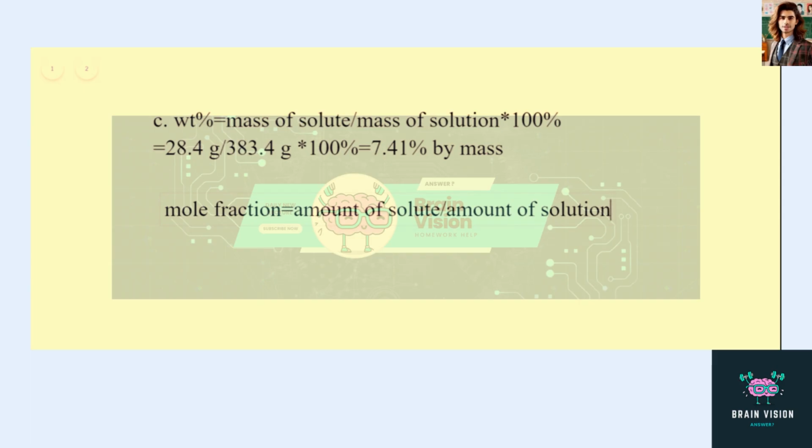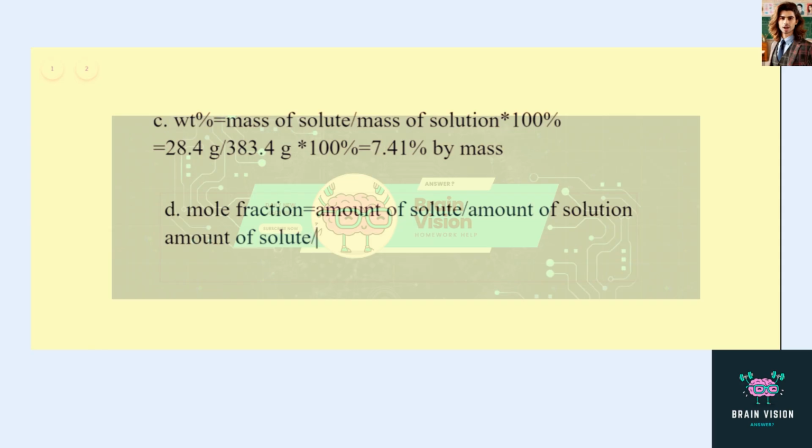So this is D. What we need to calculate is the total molar amount of the solution. How do we do that? We actually just add amount of solute to amount of solvent.